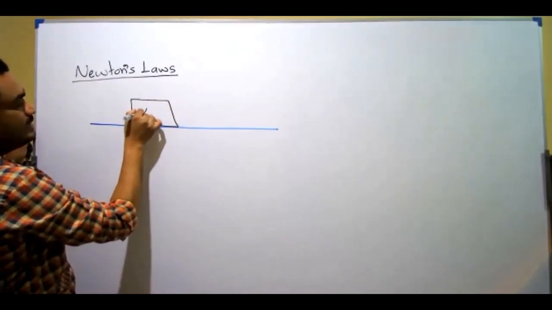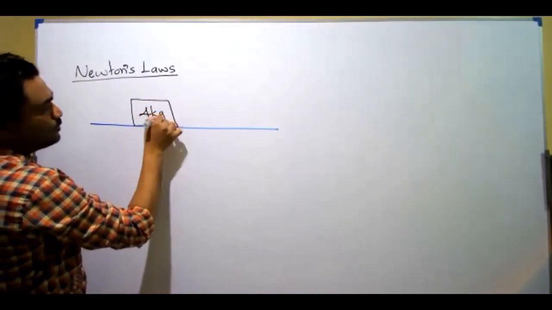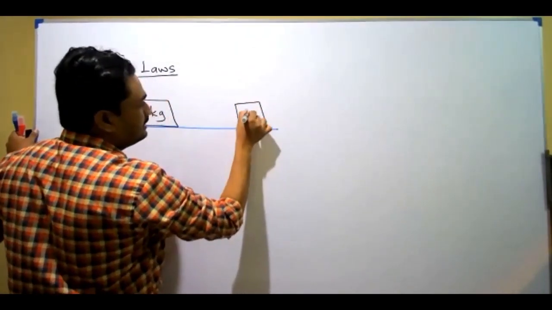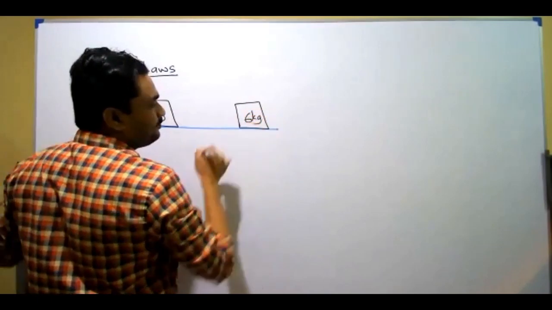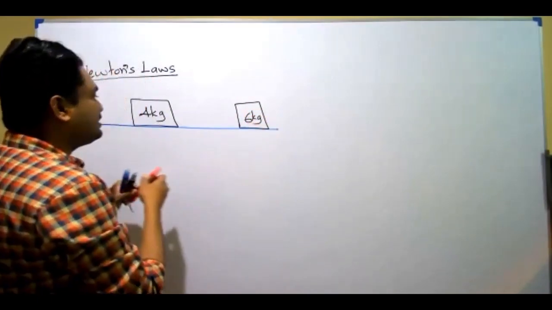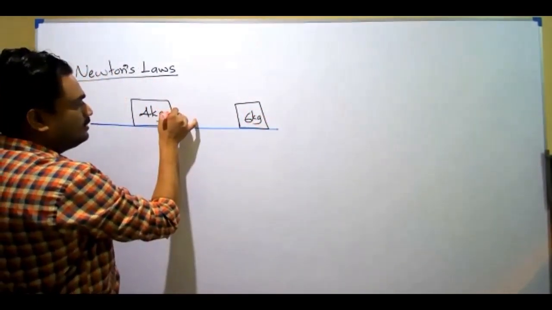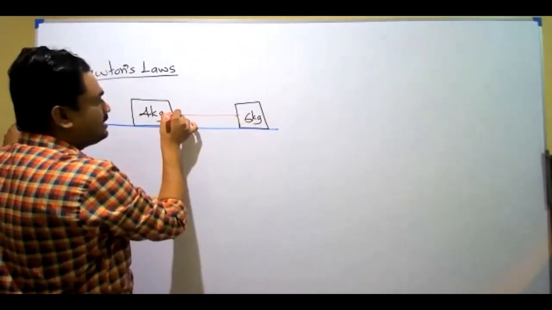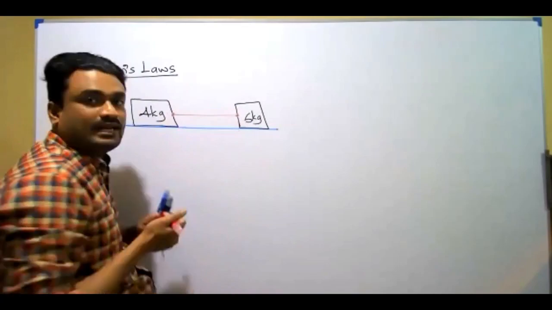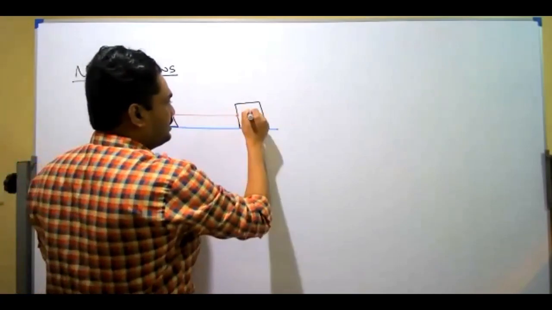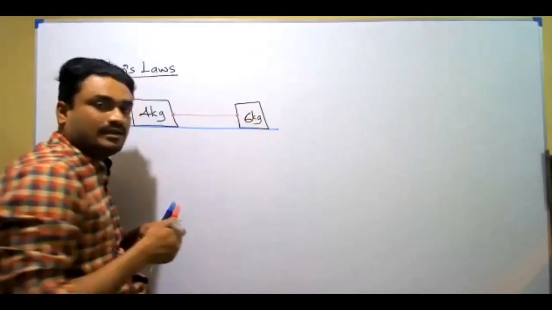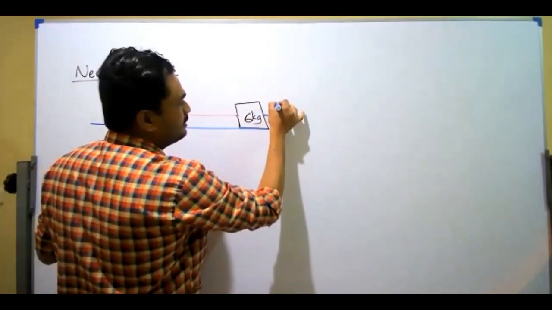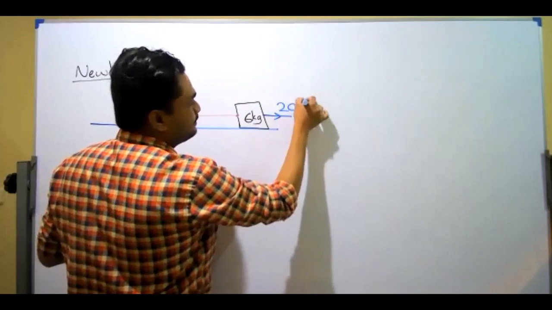Let's say the mass of this one is 4 kilogram, and the mass of this one is 6 kilogram. Let's say they are connected to each other by using a string like this, right? And let's say we have applied a force of 20 Newton.